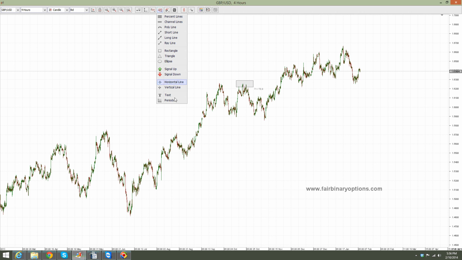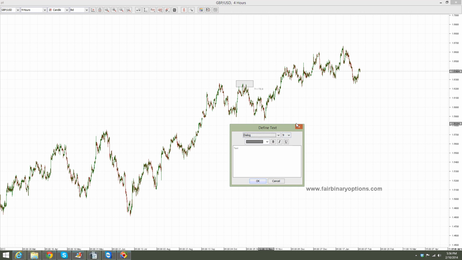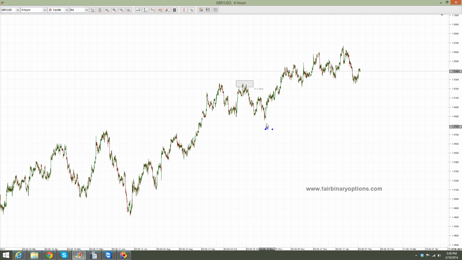But I would say that completed so far we have only wave A to the downside in the form of a nice zigzag here, or flat, I would say. Wave A, then the B wave to the upside with these highs here. So A and then the B wave to the upside.